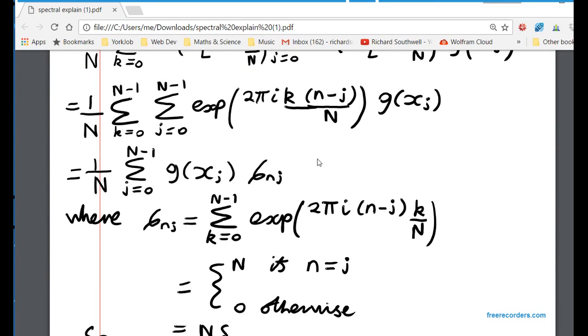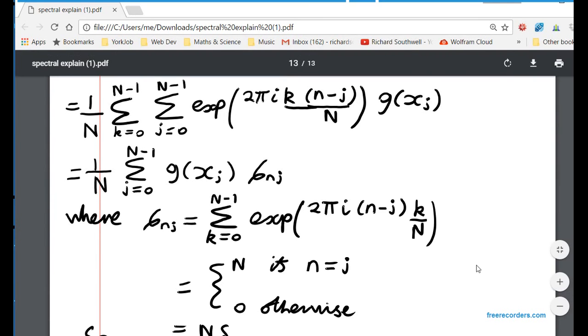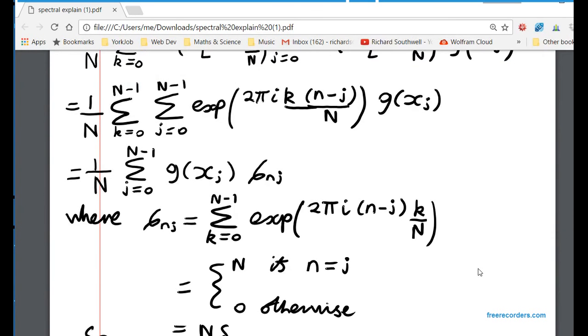There's a formula that sums like that, where adding up all of the complex roots of unity gives you 0. It's related to the idea that the center of gravity of a regular polygon is the middle of it, if you think in terms of the complex plane.